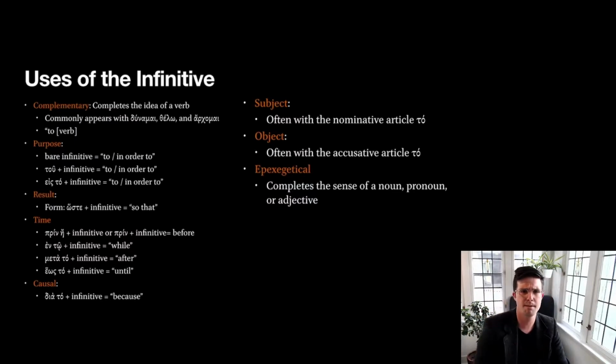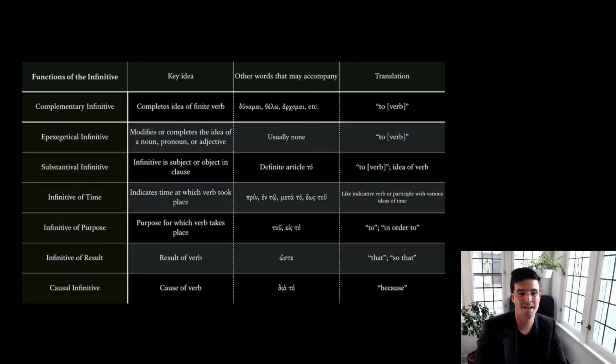We'll see some examples of this in the homework for this week, where we have a noun and then the infinitive following it is the epexegetical infinitive. It's very similar, again, to the complementary infinitive, but the complementary infinitive follows a verb. It's completing the idea of a verb, whereas the epexegetical infinitive is completing or modifying the idea of a noun.